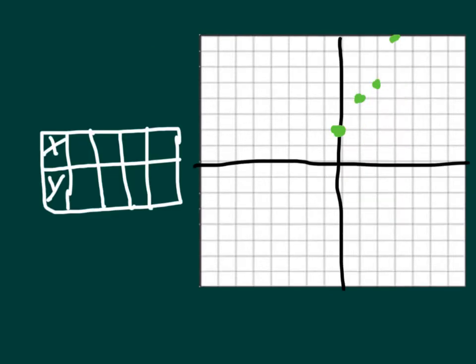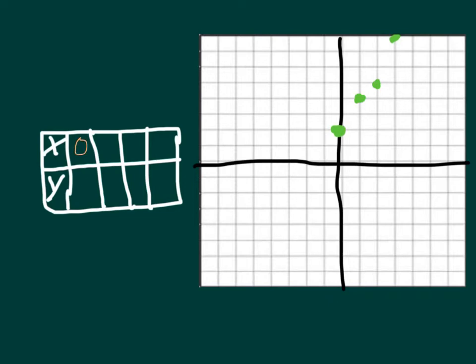Now I want to talk a little bit about a relationship as a table. Okay, so right here we have a line of ordered pairs, and I want to see how we can put this back into a table. So really, we're going to put X up here on the top and Y on the bottom. Now, starting off with our first coordinate right here, it's starting at our origin, so our X is going to be 0.